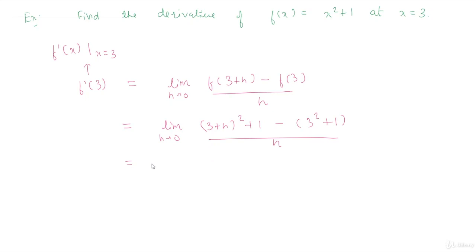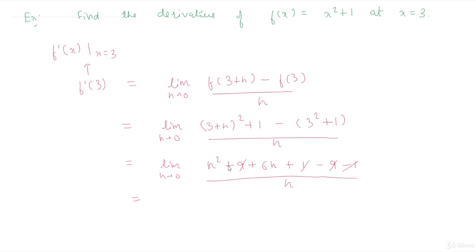Now let's expand this 3 plus h whole square. That will be h squared plus 9 plus 2ab, that is 6h, plus 1 minus 9 minus 1. This 1 gets cancelled with this 1, and the denominator is h. This 9 also gets cancelled with this 9. And here h is coming out common.